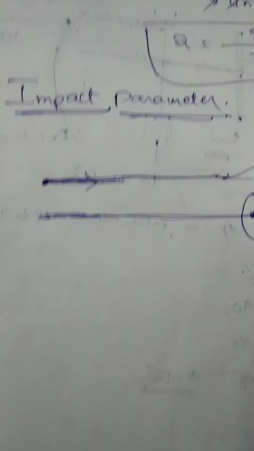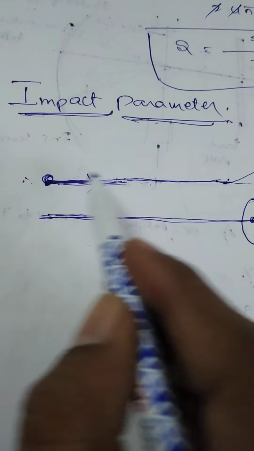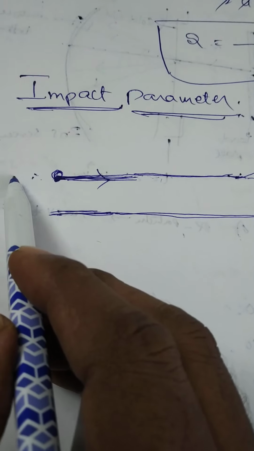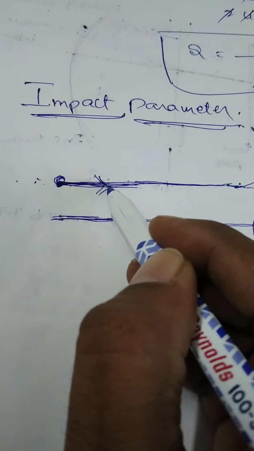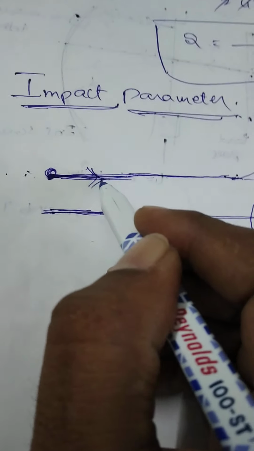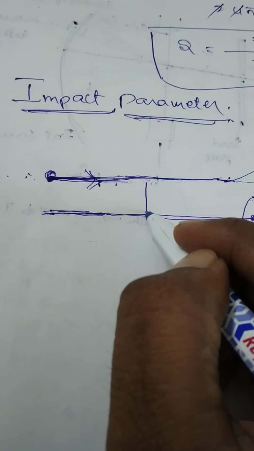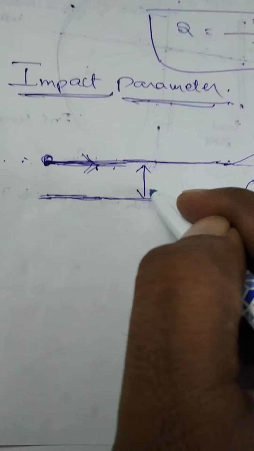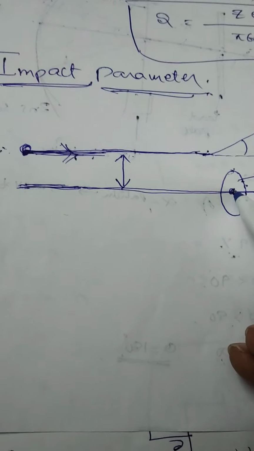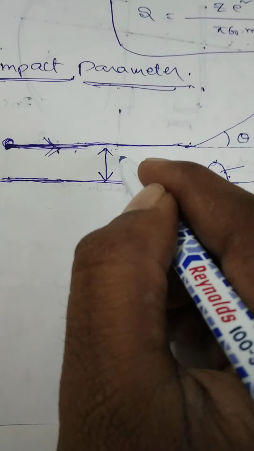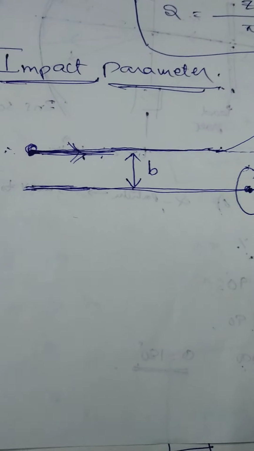Suppose the charged particle approaches the nucleus from infinite separation. This line represents the direction of velocity of the particle. The perpendicular distance of the direction of velocity of the particle from the straight line passing through the center of the nucleus is called B, and B is known as the impact parameter.